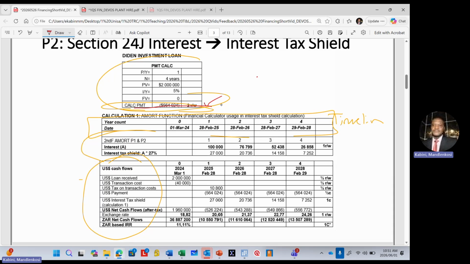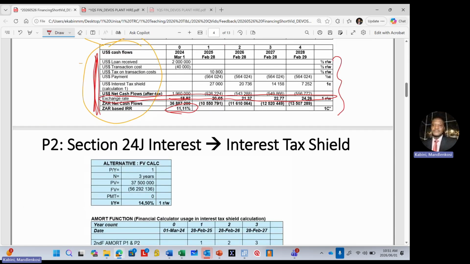From the PMT, we can then invoke Section 24J second function amort on your financial calculator to get to the interest and the interest tax shield. Then the cash flows are put in a table, converted into rands, then IRR is calculated. So we get 11.11% for the American loan.